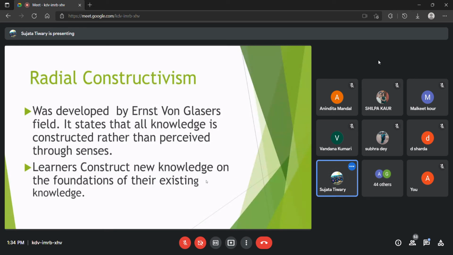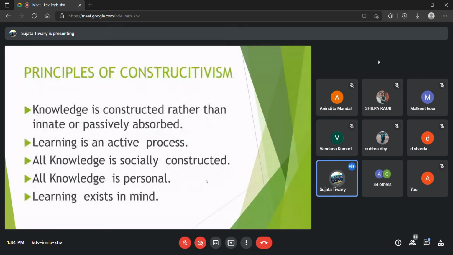Now, we will see the principles of constructivism. The first one: knowledge is constructed rather than innate or passively absorbed. It is not innate, not already there by birth.